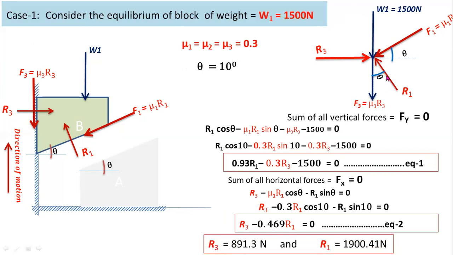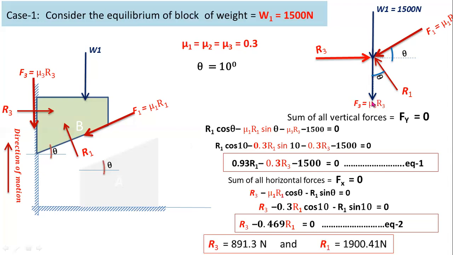So there are five forces. First of all, you have to resolve all forces along the vertical axis. Here F3 equals mu3 R3, and W1. For downward action, you have to consider a minus sign. For upward action, you have to consider a positive sign.